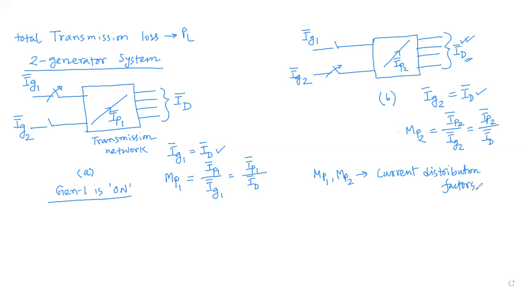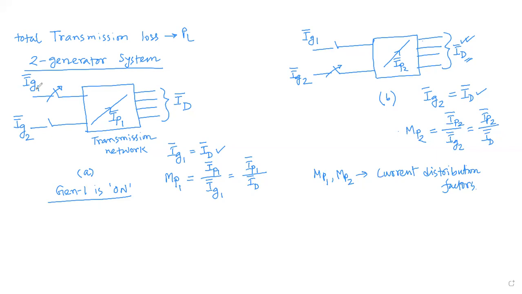Now, because you have two generating units available, it is quite logical that both of these generating units should be turned on at the same time to satisfy the demand. So we can go for superposition.